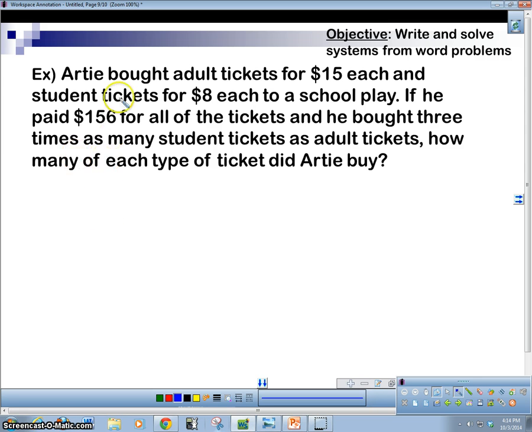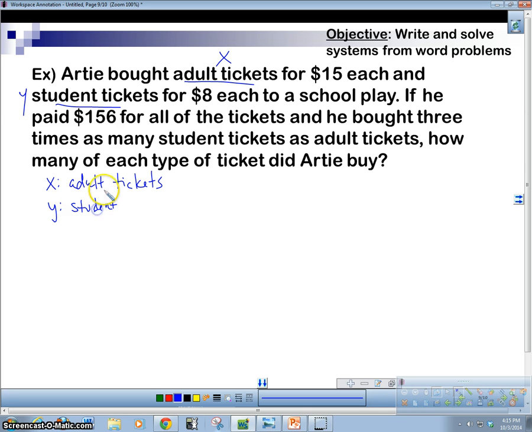I could. Already bought adult tickets and student tickets. So we'll say adult tickets are X and student tickets are Y. All right? So X is the adult tickets, and Y are the student tickets. How many of each type?